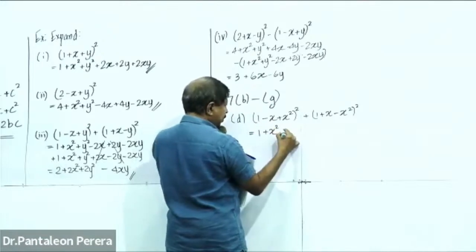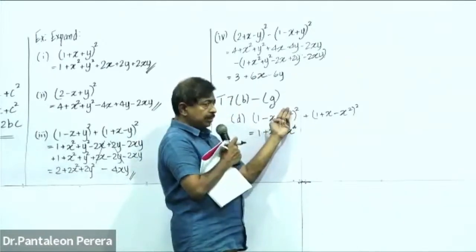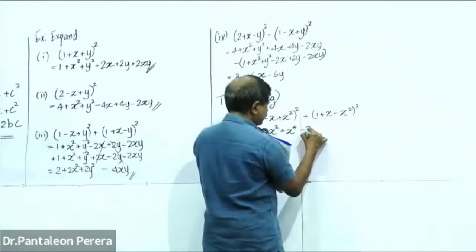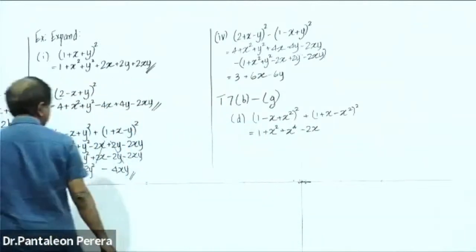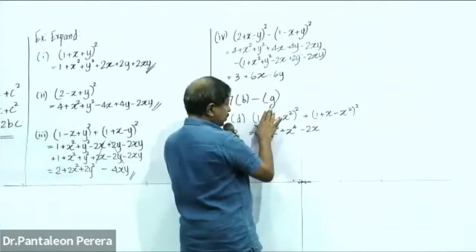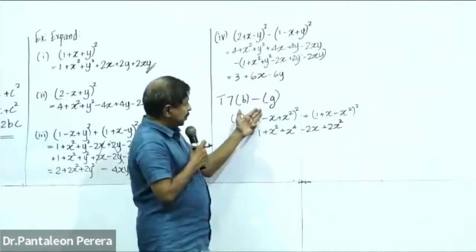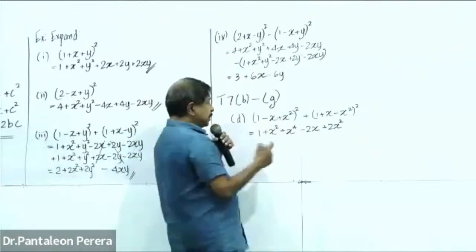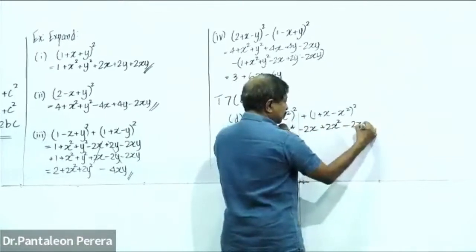This is 1, this is x squared, this is x to the power 4. Now close this and get the product. You get minus 2x, right? 2 times 1 times minus x. Then close this. You have 2x squared plus. Then close 1. So this sole negative sign, the only negative sign, will make it negative. 2 times x squared, 2x cubed.